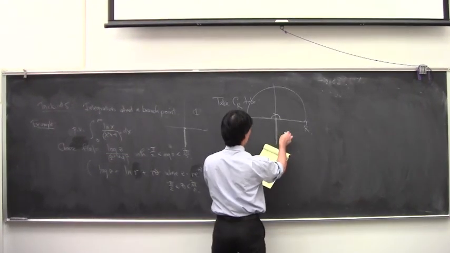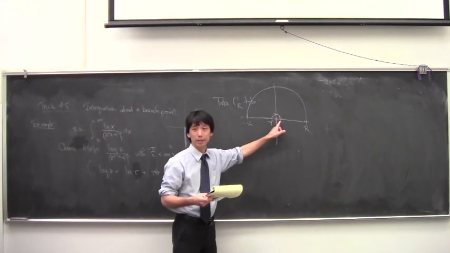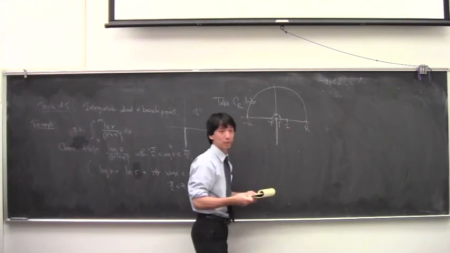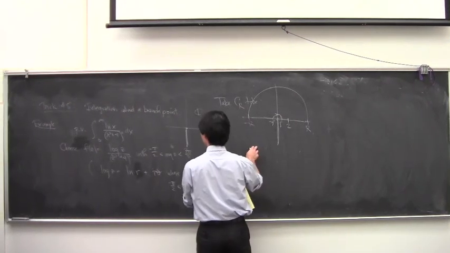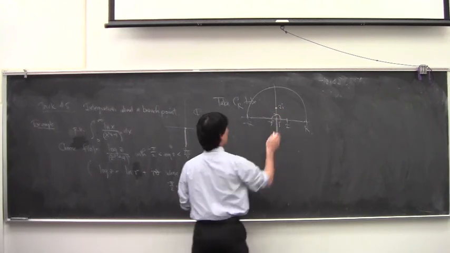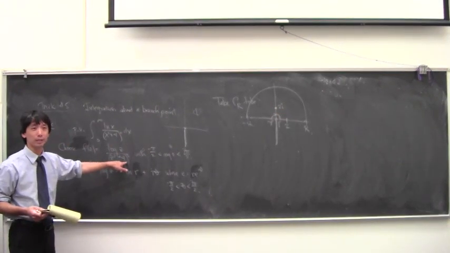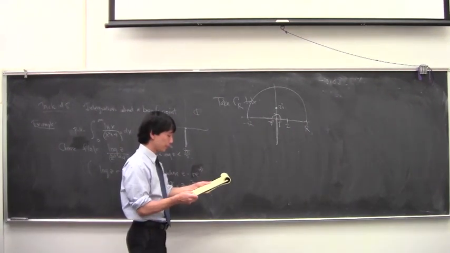We'll take the inner radius to be rho, and rho will be something smaller than 2. Why smaller than 2? Because we want to catch the singularity at 2i.